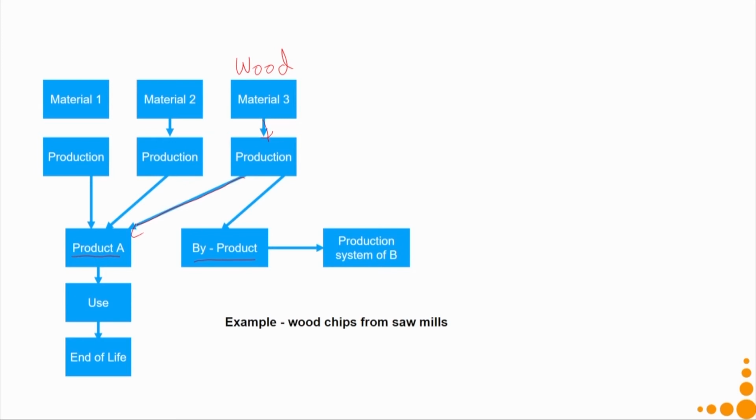This byproduct can be used in the production of system B. Say for example, these wood chips can be used for making plywood, or they can be used in the production of MDF, or can be incinerated and used for production of electricity. So, if my byproduct goes into the production system of B, say production system of plywood, then because of this initial product A production, I got x kg of byproduct.